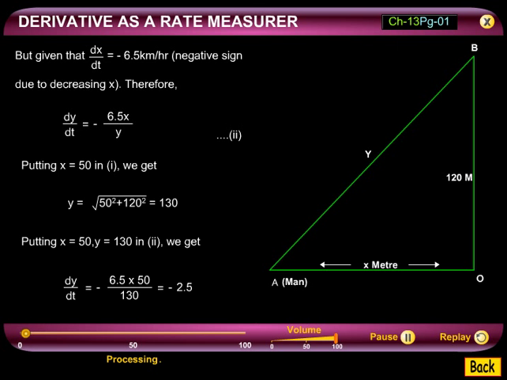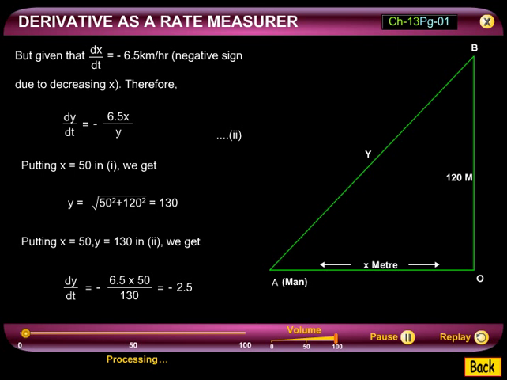Putting x equal to 50 in equation 1, we get y is equal to square root of 50 squared plus 120 squared, which is equal to 130.